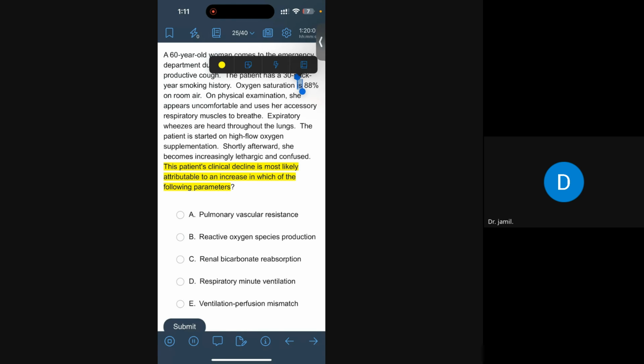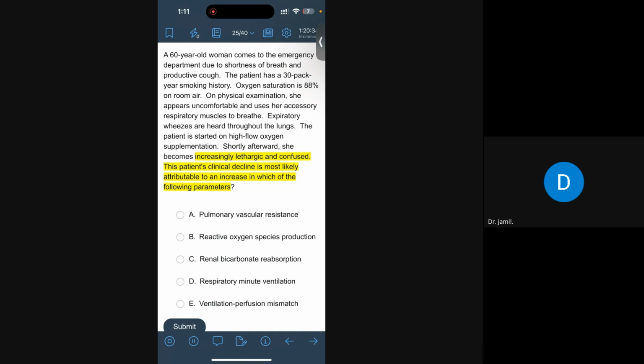The carbon dioxide level in the blood is going to increase, and this causes symptoms like lethargy and confusion. This is called oxygen-induced hypercapnia, or carbon dioxide narcosis, when PCO2 is more than 70.